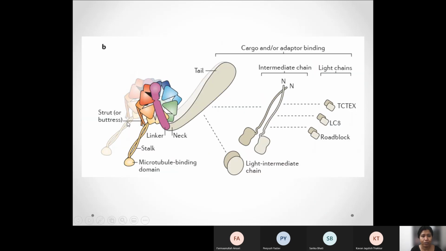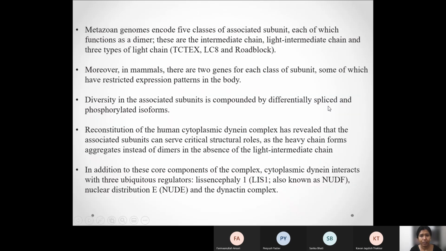This is the cartoon representation. But along with this one single folded polypeptide chain, you will have some associated proteins. For example, here we have listed some of these associated proteins called light intermediate chain, light chains. There are some associated proteins that attach to the dyneins and modulate its function and also its structure.